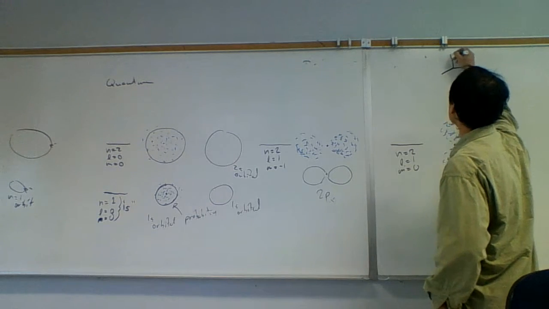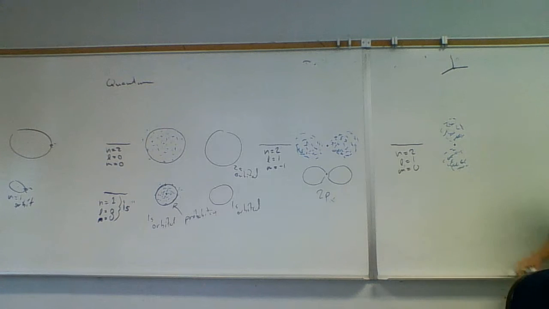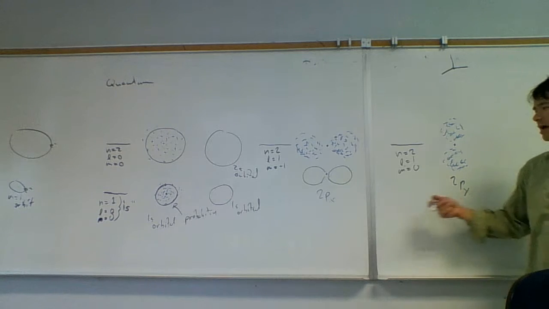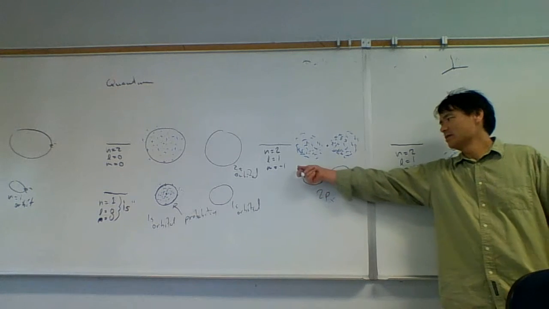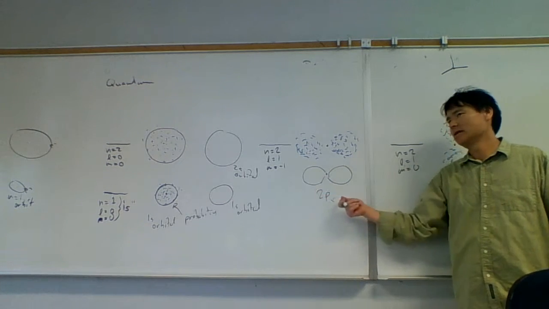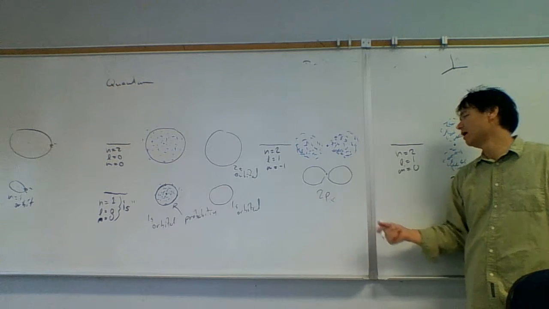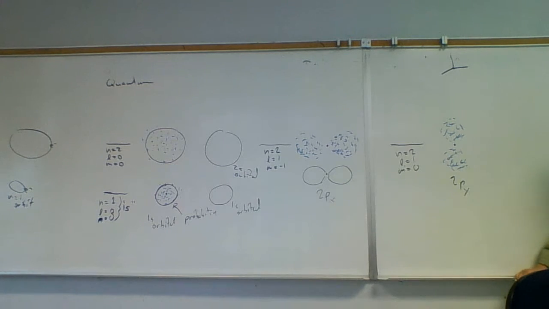We have a Cartesian coordinate system like this. So this could be 2py, let's say. I'm writing these dotted because you don't need to make this association.